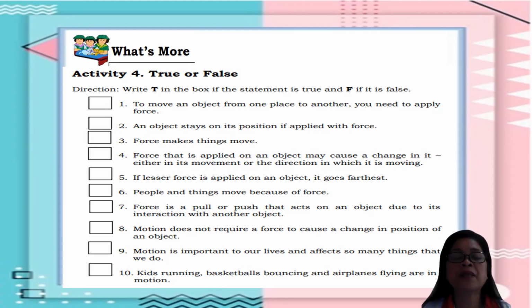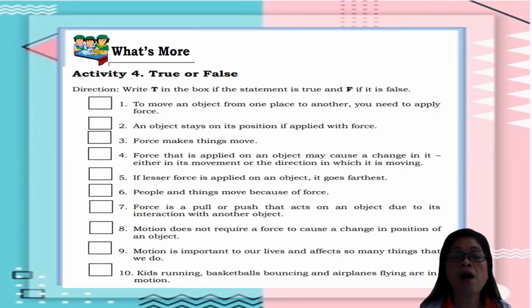Pardon, number 6 pa tayo. People and things move because of force. Yes, it's true. Number 7, force is a pull or push that acts on an object due to its interaction with another object. Okay, true. Number 8, motion does not require a force to cause a change in position of an object.